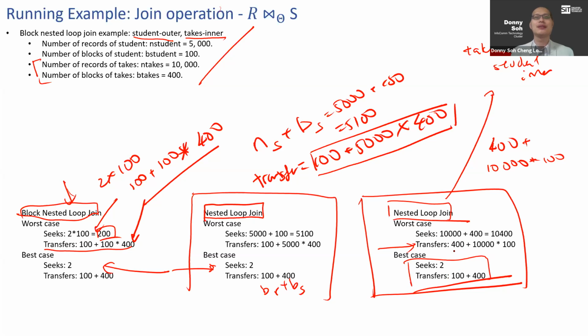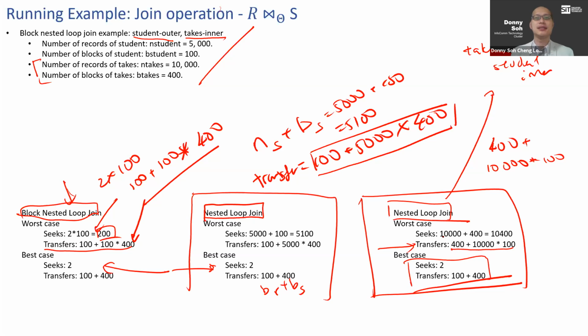So I need to take the number of blocks of my outer loop plus the number of records multiplied by the number of blocks of my inner loop. This is what I get for the transfer.